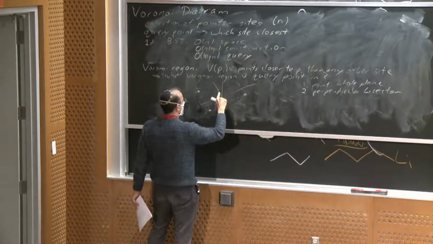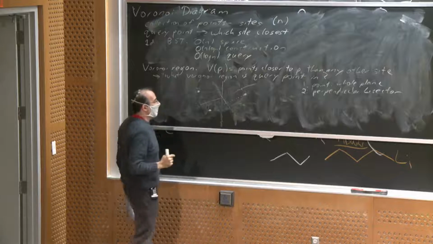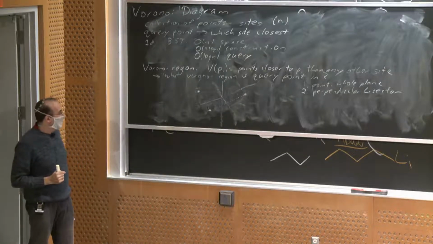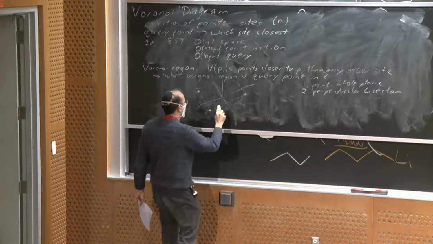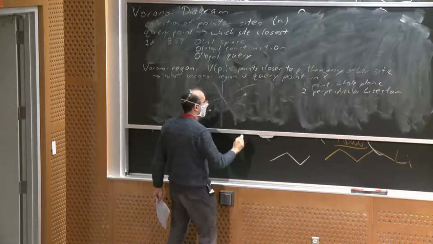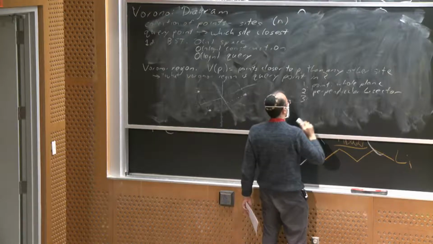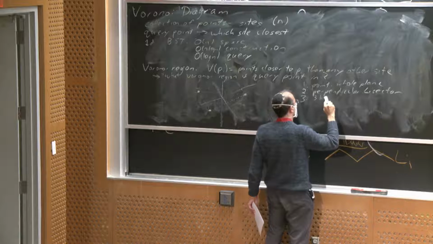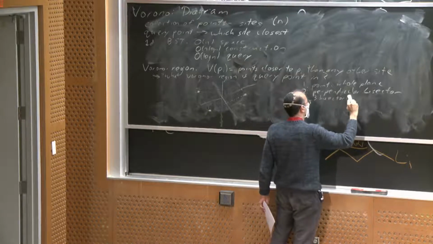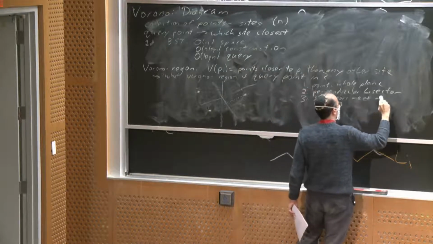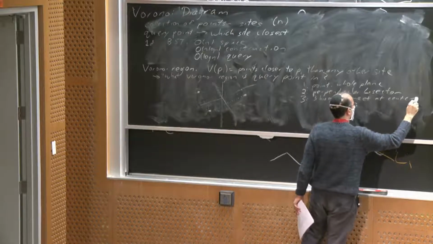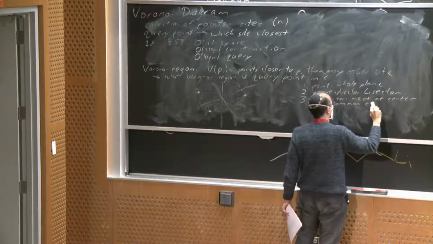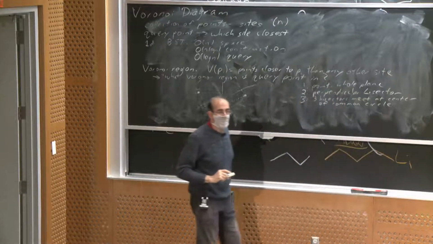And finally, this one is irrelevant too. So now we've got these three points, and our three bisectors meet at the center of a common circle, right?